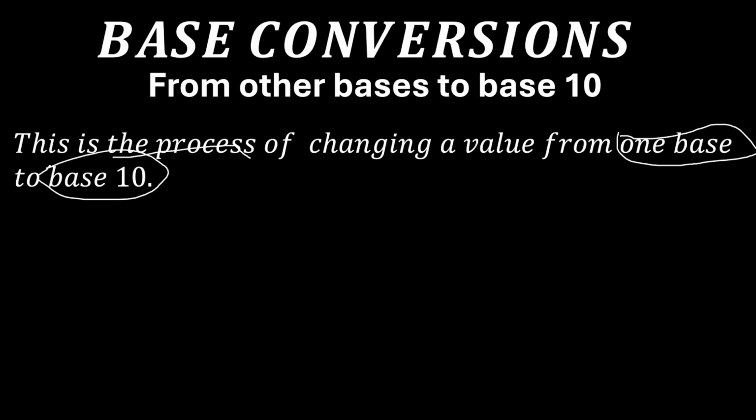We have discussed the one that has to do with moving from one base to base 10. We have seen how to convert base 2 to base 10, base 3 to base 10, and so on, and we have discussed the basic principle behind it.